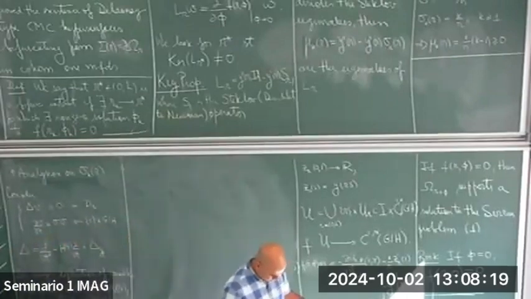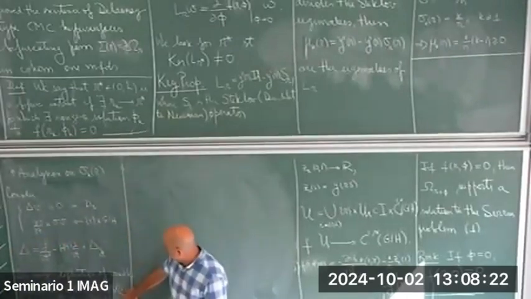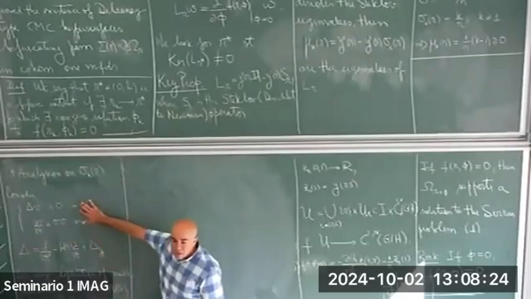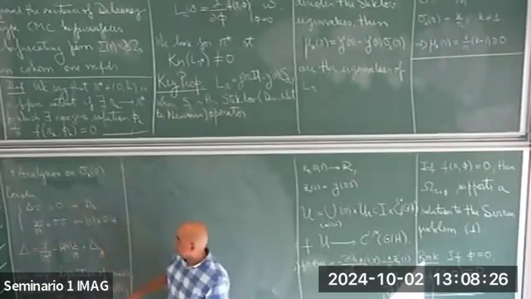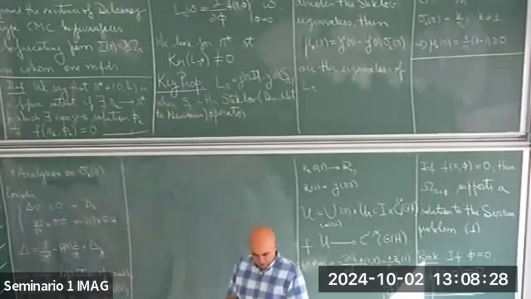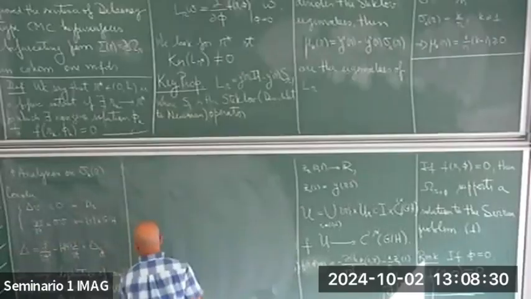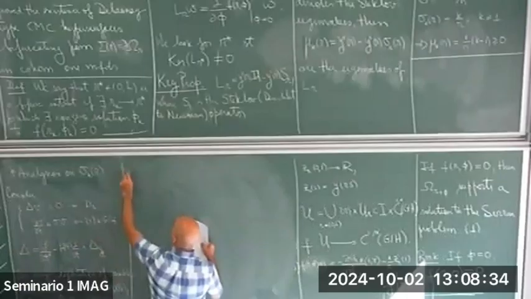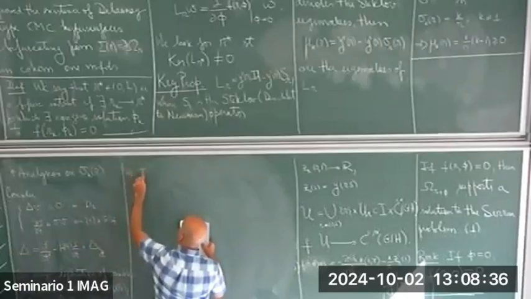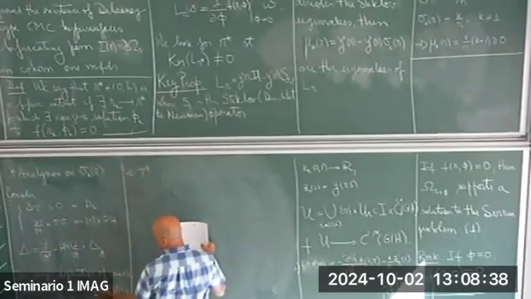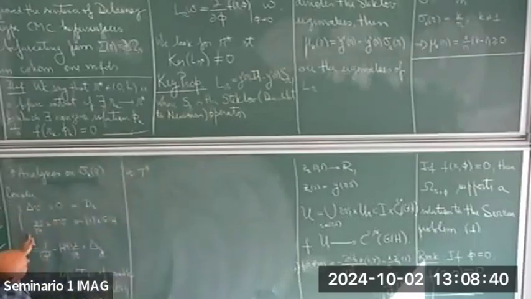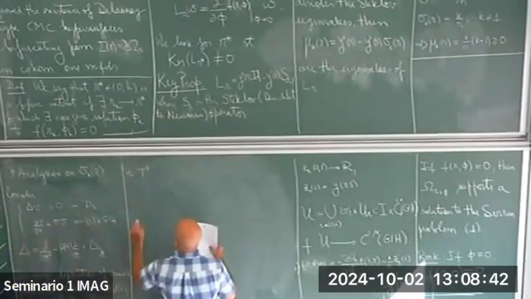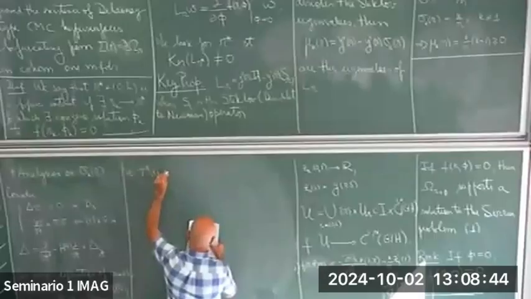Okay. And so you put this function in the equation using the Laplacian like that, and you can simplify the x, and then you see that if V is a solution to this problem, then T is a solution to this ODE.